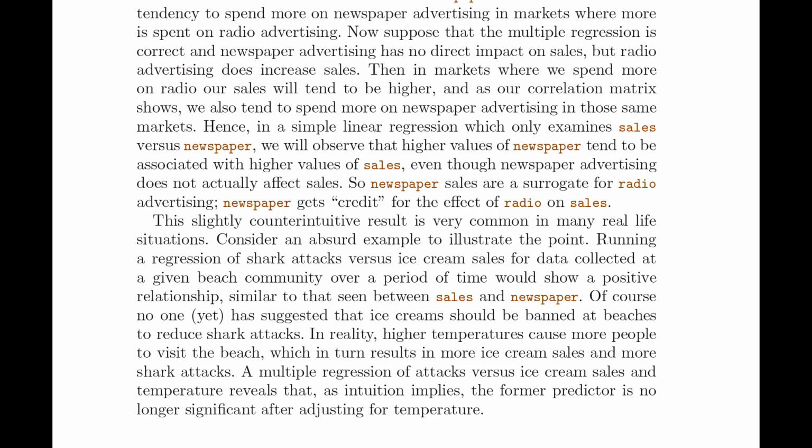In reality, higher temperatures cause more people to visit the beach, which in turn results in more ice cream sales and more shark attacks. So it's temperature that's driving both of them. If you ignore temperature, it would appear that one is driving the other.